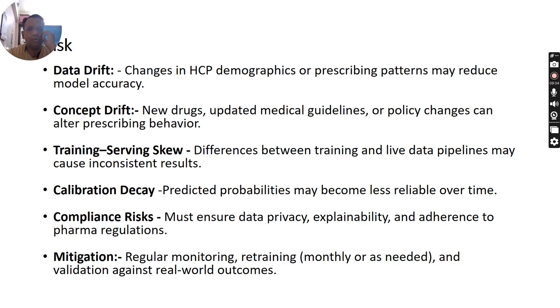There will be a skew, a difference between the training and live data pipelines, which may generate inconsistent results. There may be a decay in the calibration: predicted probabilities may be less reliable over time because of data drift and concept drift.